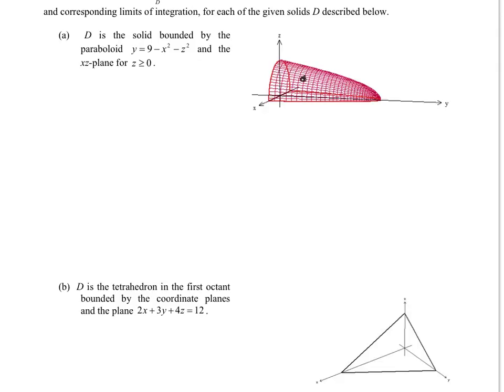So what you want to do is consider a random point inside of that solid. And now ask yourself the question, if I were to allow that point, that zero-dimensional point, to evolve into a one-dimensional line segment, would I want to do so by allowing that point to travel in the x direction, in the y direction, or in the z direction?